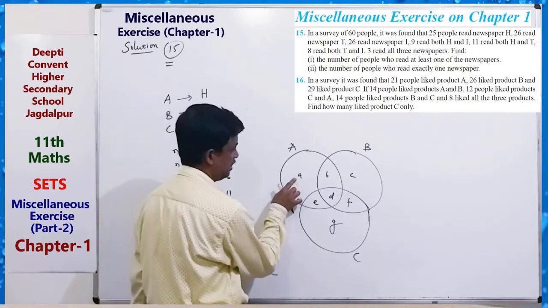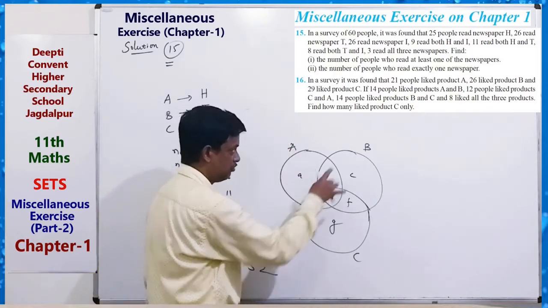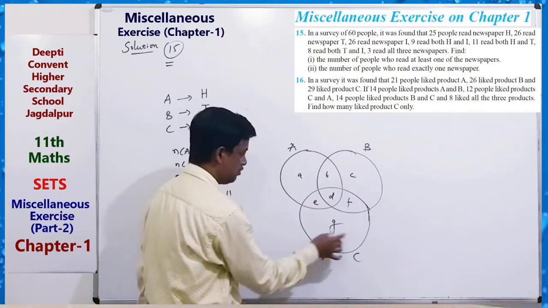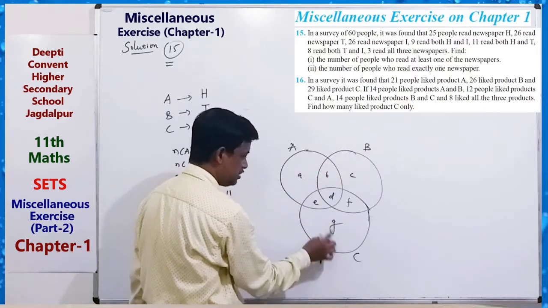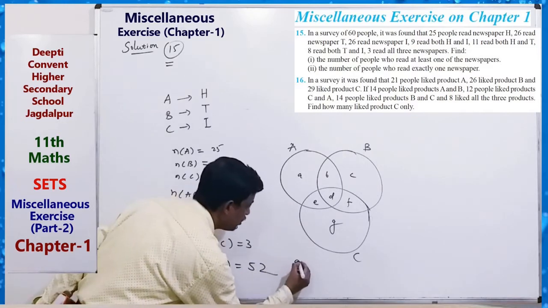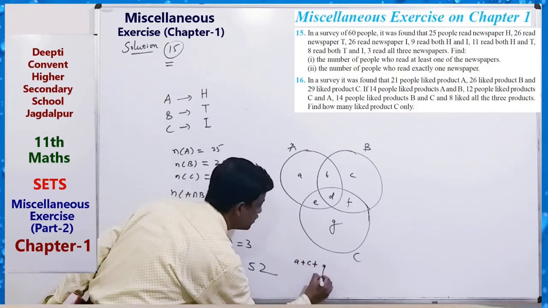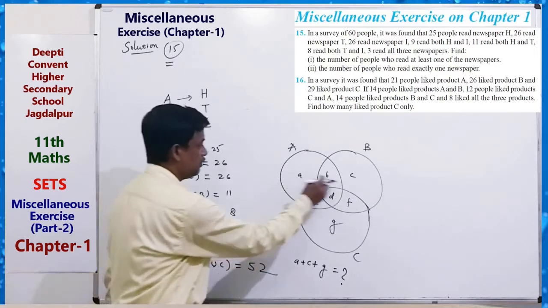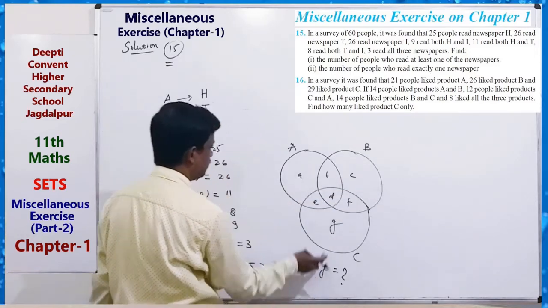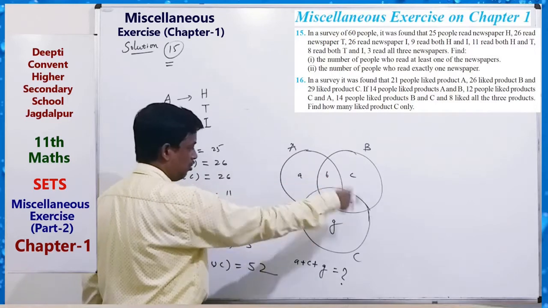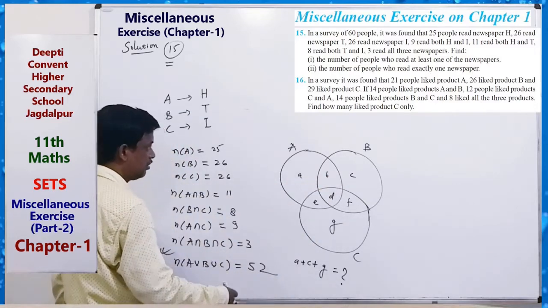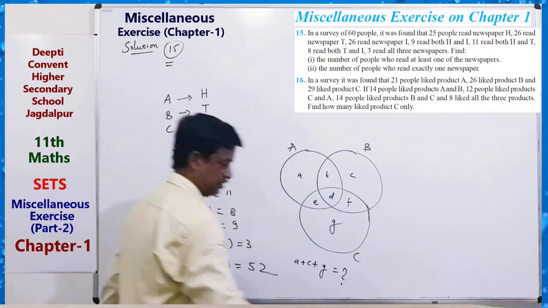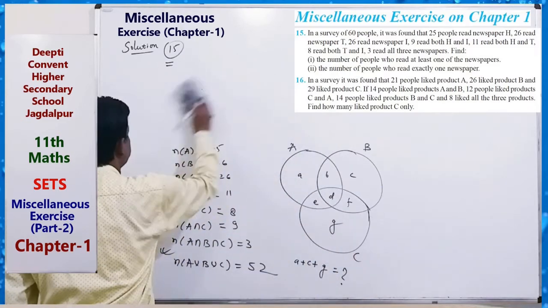Exactly one is A, C and G. That is, we require the value of A plus C plus G. But here the total of all is given.